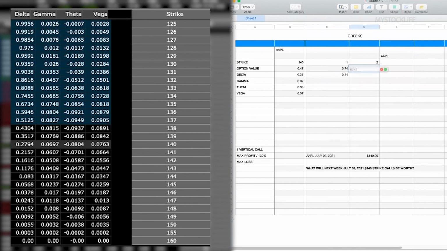So this equals 74 plus 34. And the gamma here will also increase by a certain percentage. I'll just make up a number, let's say 15 cents maybe, right? So delta here equals this plus 15, right? And here we have this plus 149, so 157-ish approximately, okay?